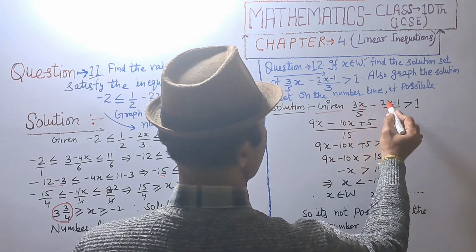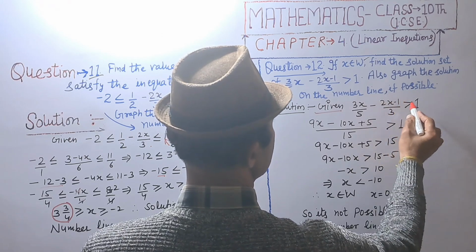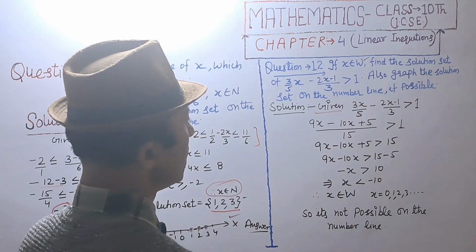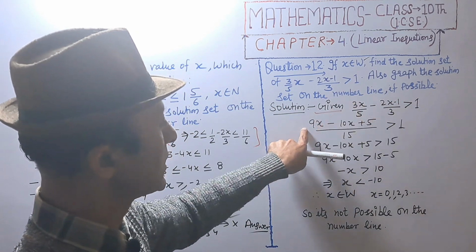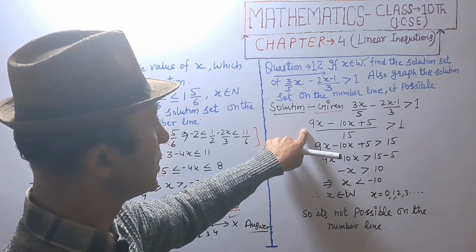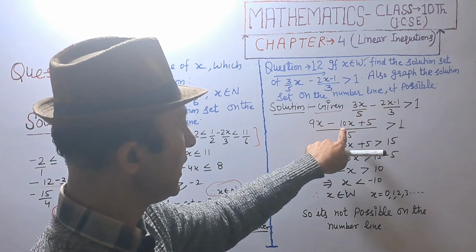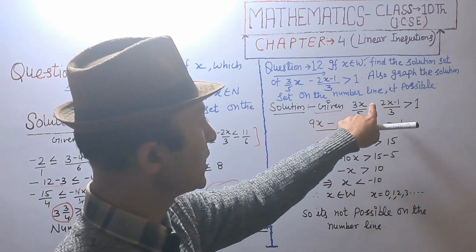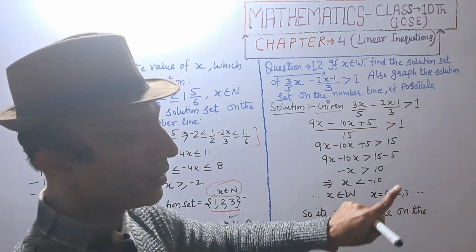Given 3x/5 − (2x − 1)/3 > 1. 3 multiplied by 3x is 9x, minus 5 twos are 10x, minus minus plus 5 ones are 5.